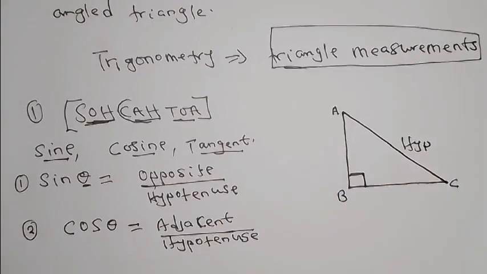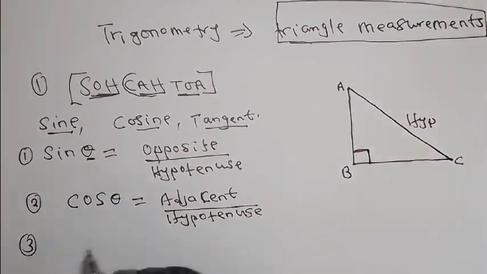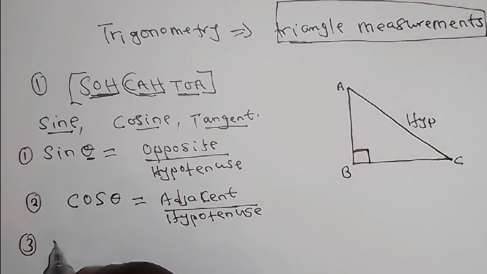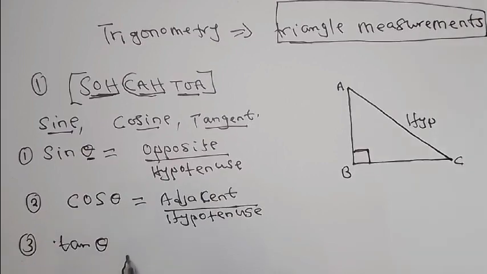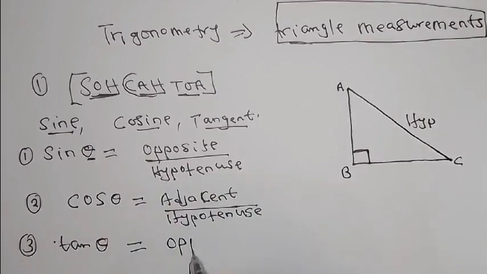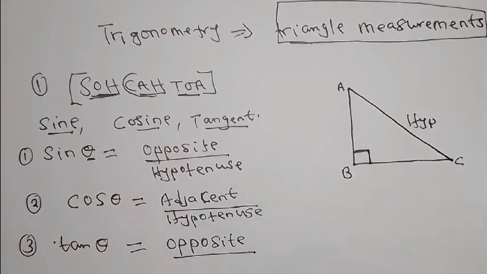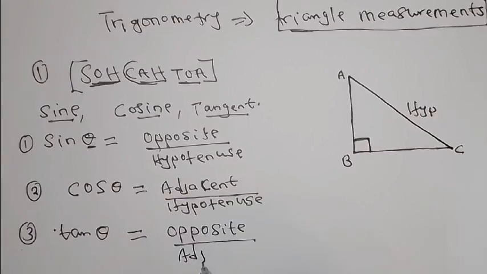And number 3, we also have the tangent, which is tan theta equal to the opposite over the adjacent.